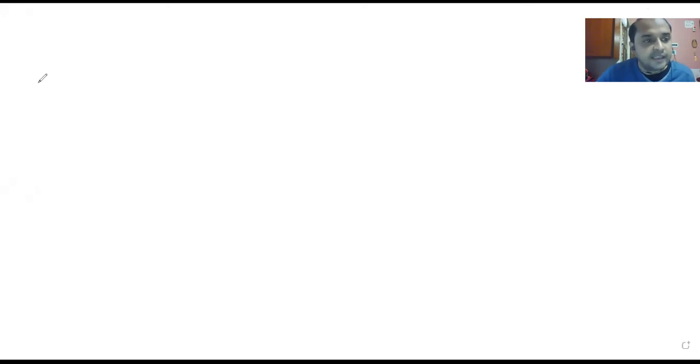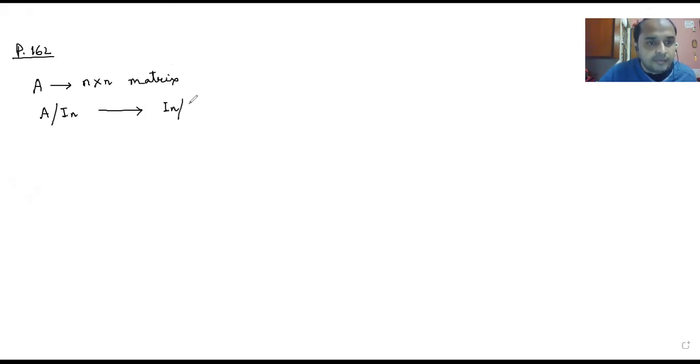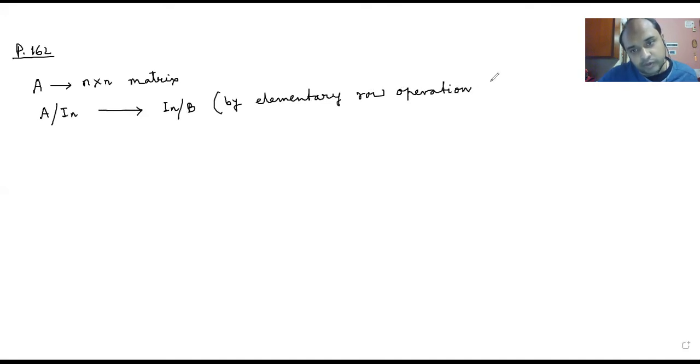In brief, I'm saying that capital A was an n by n matrix, reference page number 162, and I want to transform the matrix A|I_n into a matrix I_n|B by elementary row operations that I wrote in my session before the disconnection.